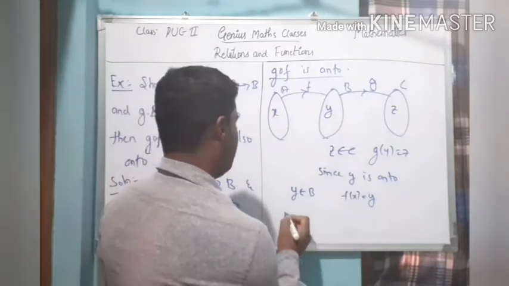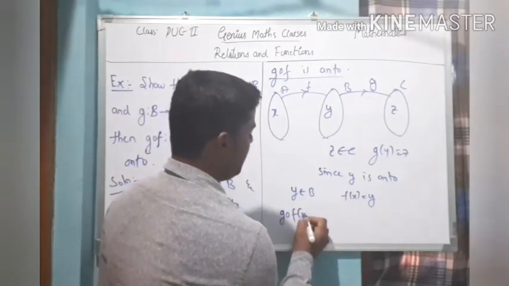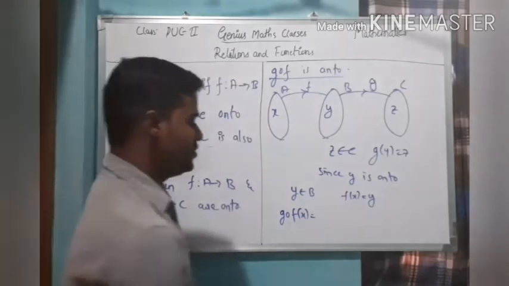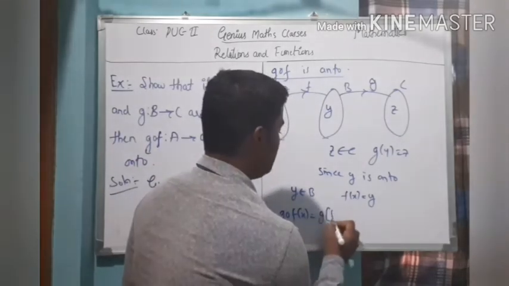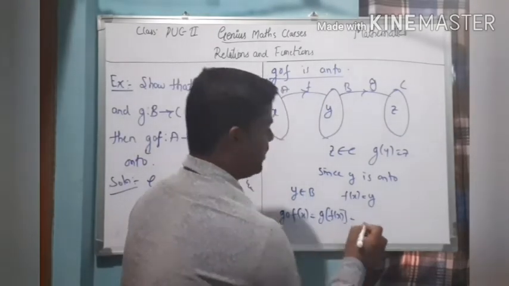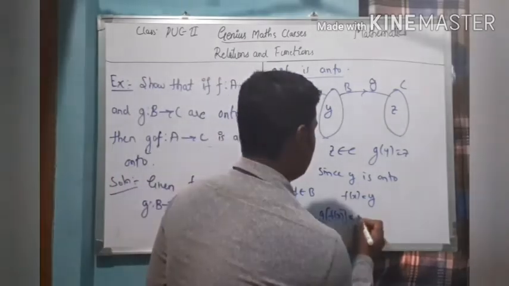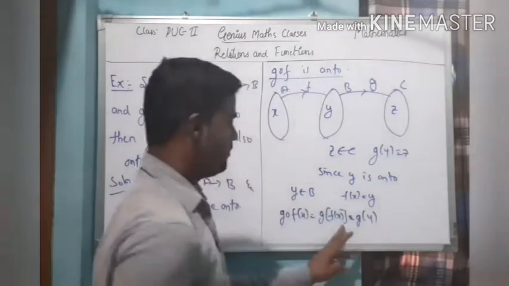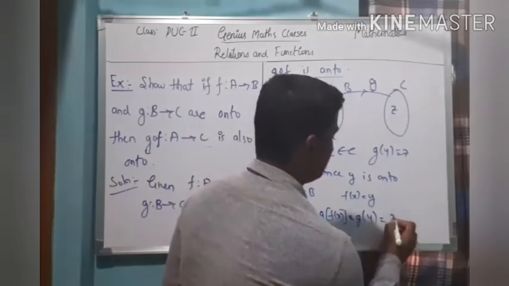By this we conclude that g naught f of x is equal to g of f of x. So what is f of x? f of x equals y, and therefore g of y equals z.